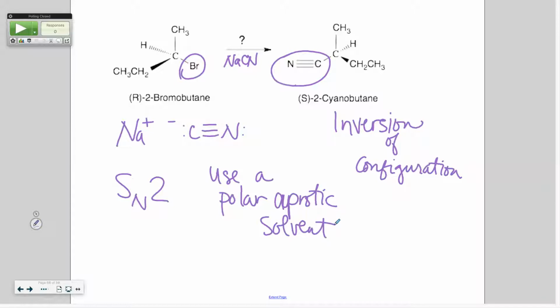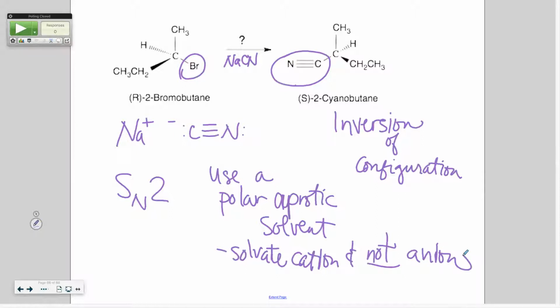Why does that help? What do polar aprotic solvents do? They solvate the cation and not the anion. So what does that do to the anion?